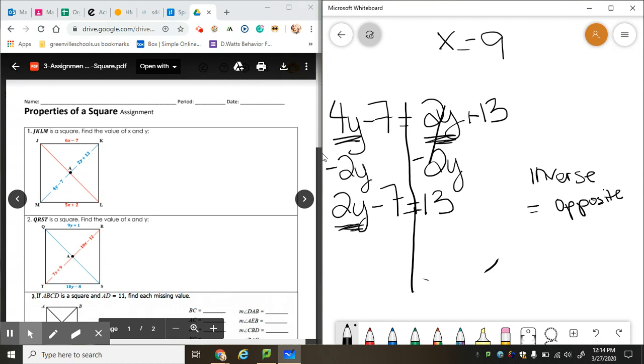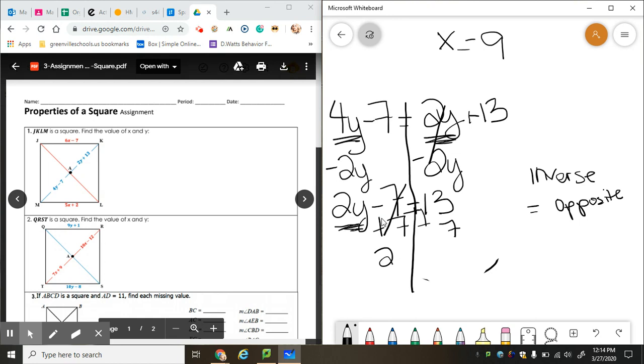If I can get my tablet to work again. Okay, I'm going to add 7 to both sides because that's the inverse of negative 7, and those will cross each other out.